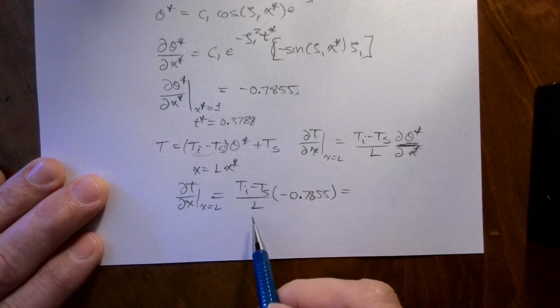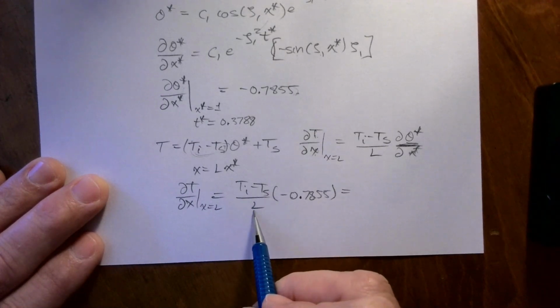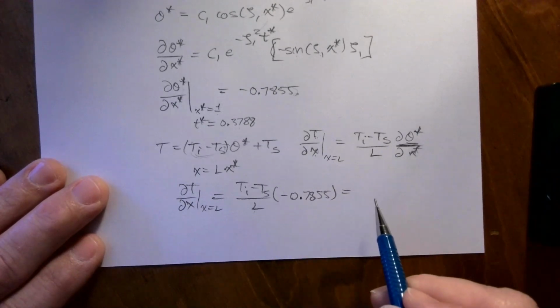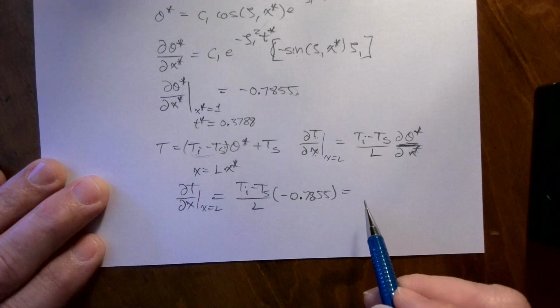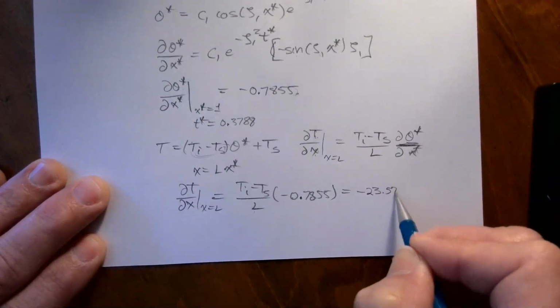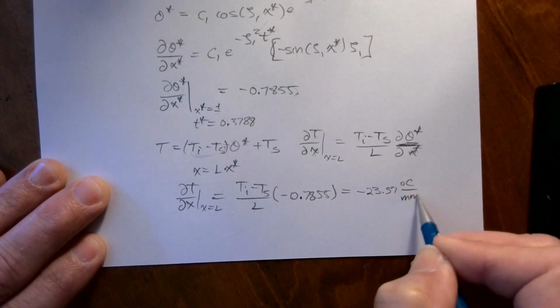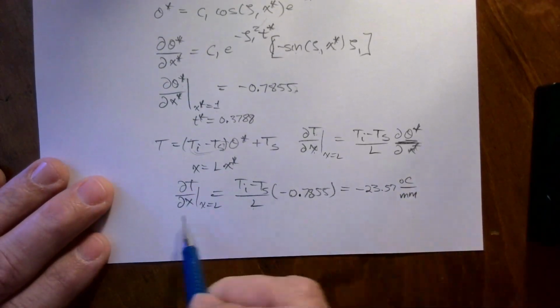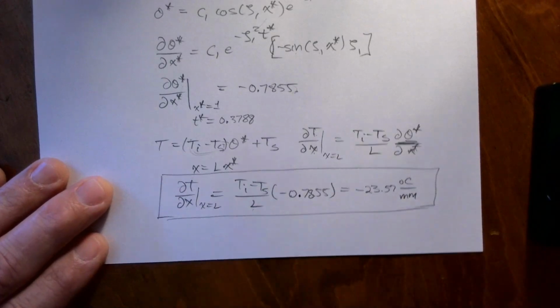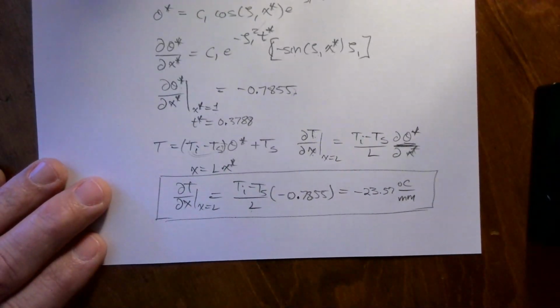The 300 K, L is, what was it, 0.01 meters. The number ends up being very small, so I'm going to convert the units to millimeters. This is minus 23.57 degrees C per millimeter. That's the maximum gradient in the glass.